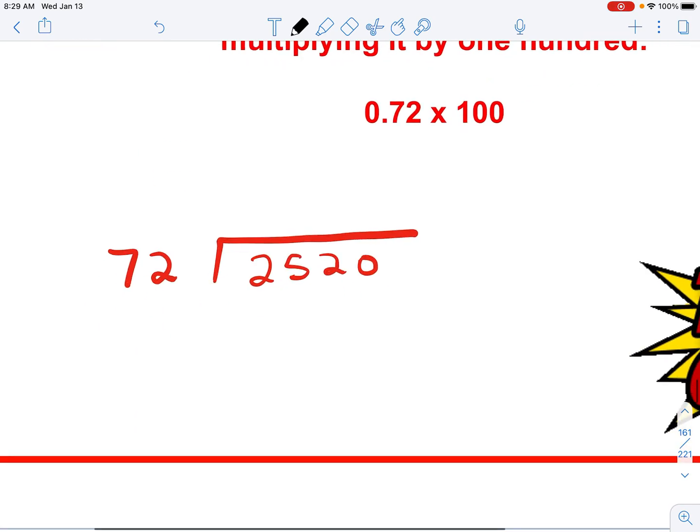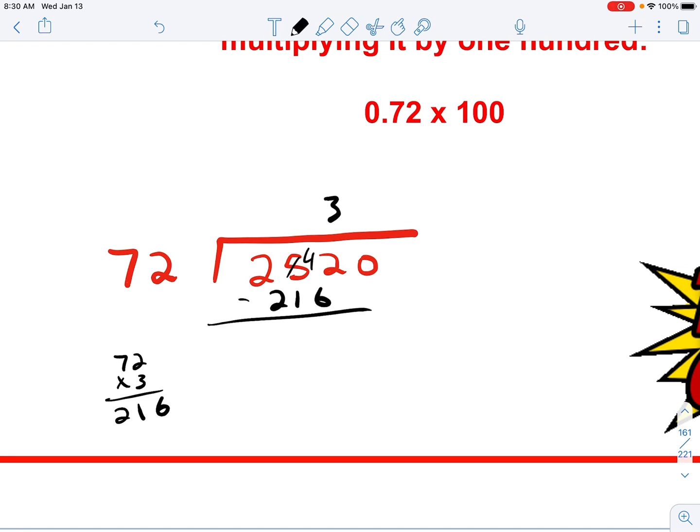Okay, 72 goes into 252. Let's try 3 times. This is 6, and then 21. So 216, okay, 4 times would be too much, so it is 3 times.